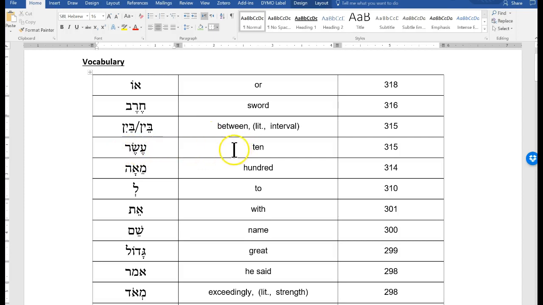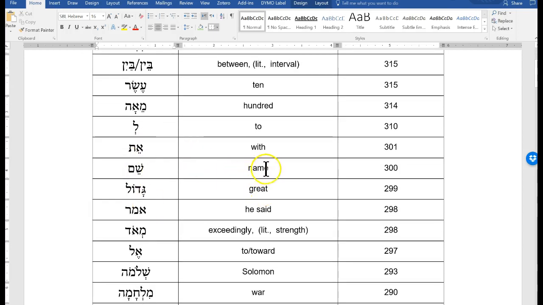Eser, 10. Mea, 100. Le is 2, and it will be joined to the next word. Et is with. Of course, we know et as the direct object marker, so you've got to learn both these definitions.